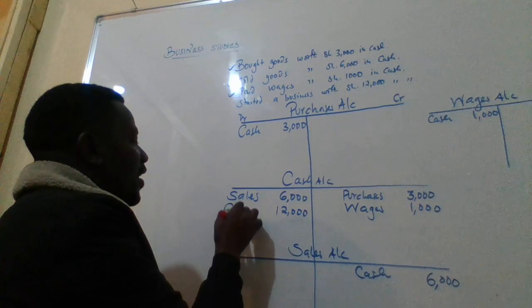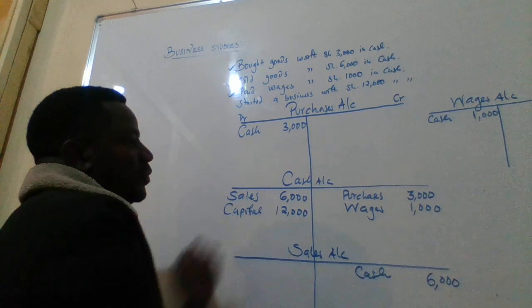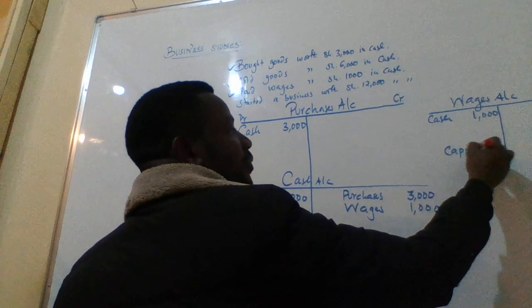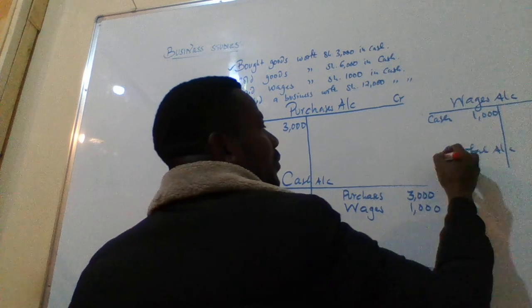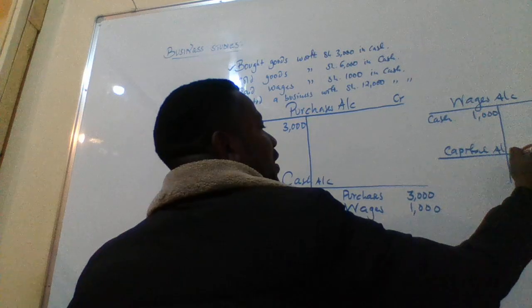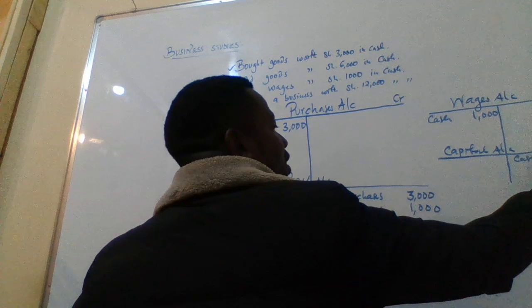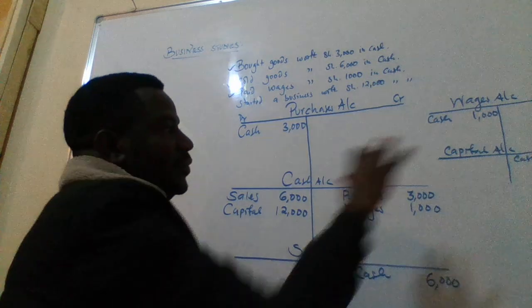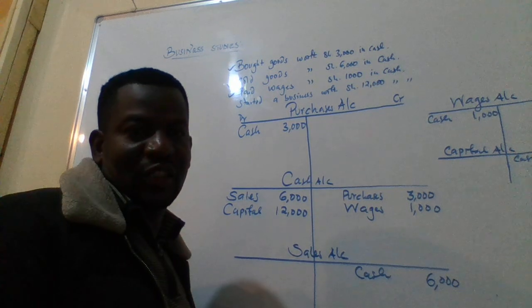So right here, capital. Open a capital account and credit, say it's cash, 12,000.